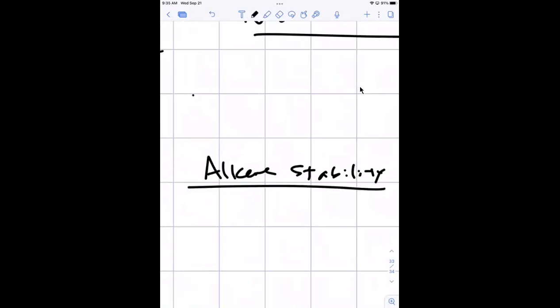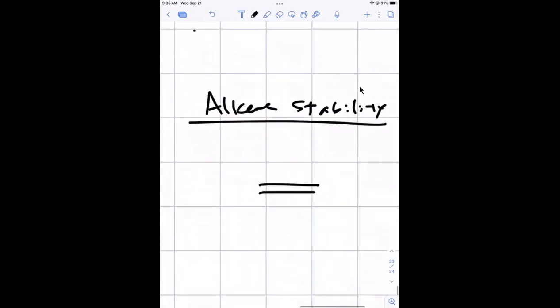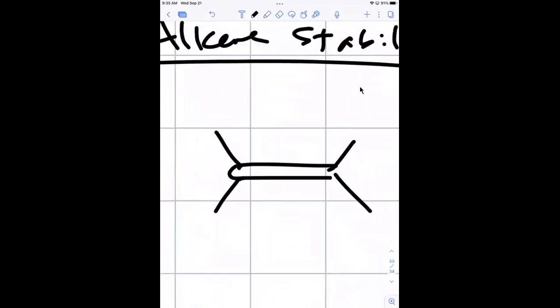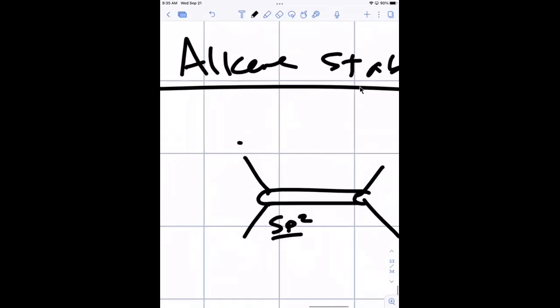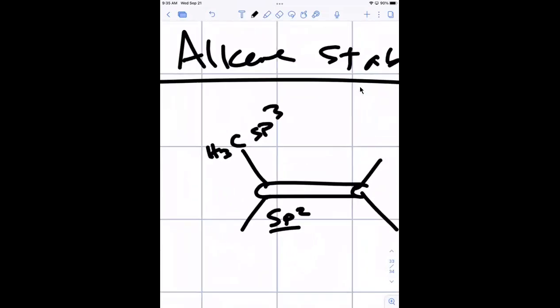You have an alkene that is, let's say, tetrasubstituted. Each carbon in that alkene is sp2 hybridized, and then it's connected to these carbons here, which are sp3 hybridized. And so the electrons in the bond between the two carbons, the dipole is going this way towards that carbon. And that's a stabilizing effect.